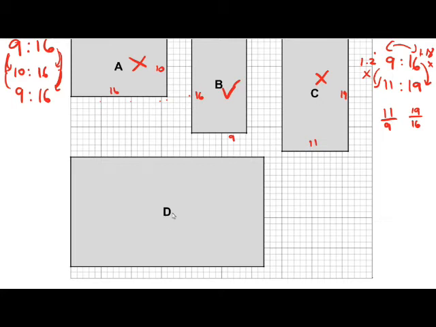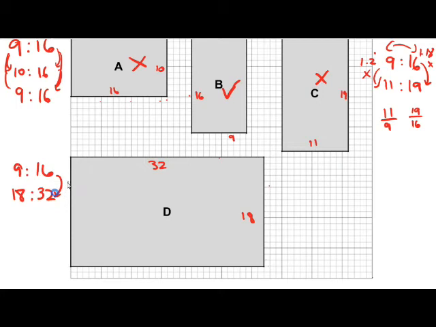Let's do the same for rectangle D. We're looking for a ratio of 9 to 16. Let's count the squares. 5, 10, 15, 20, 25, 32. So that side is 32. 5, 10, 15, 16, 17, 18. So it has a ratio of 18 to 32.